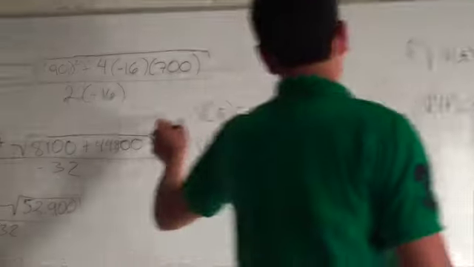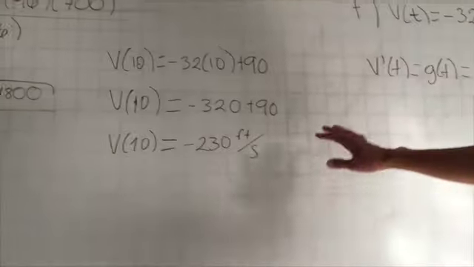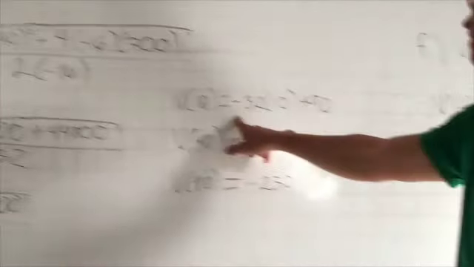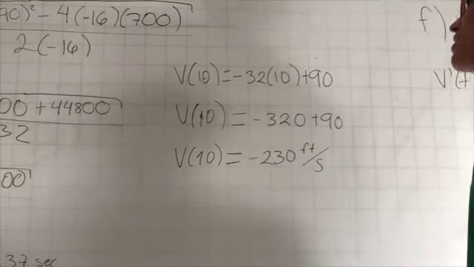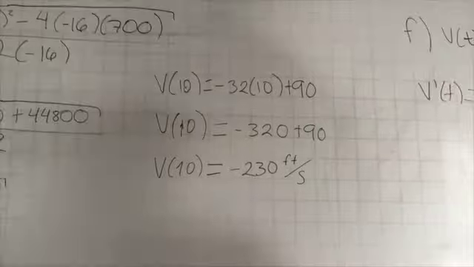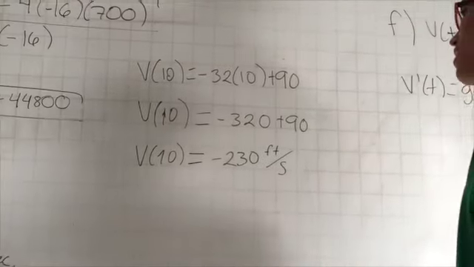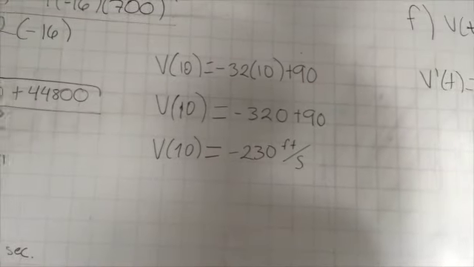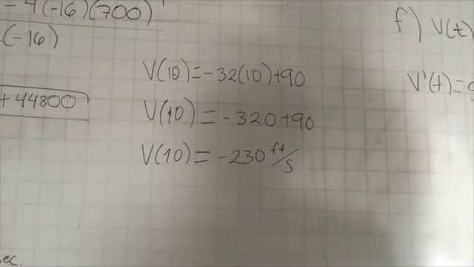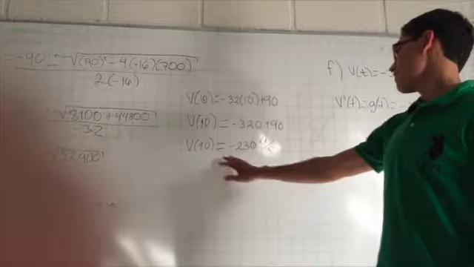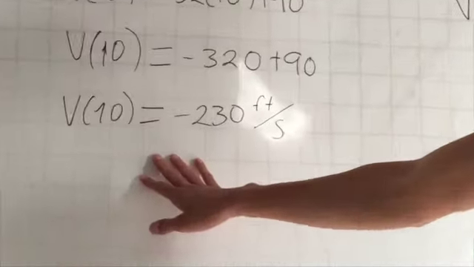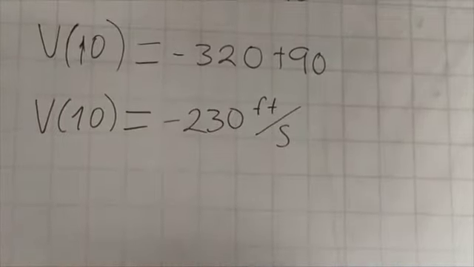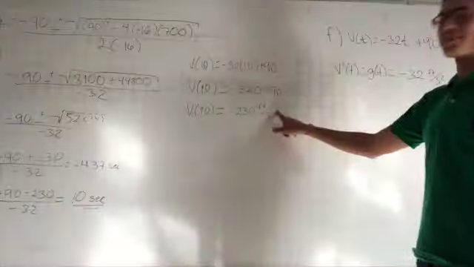And then we substitute the obtained time, that is 10 seconds, in the velocity function, and we get v of 10 seconds equals minus 32 times 10 plus 90. Then we have v of 10 seconds equals minus 320 plus 90, and the impact velocity is minus 230 feet per second.